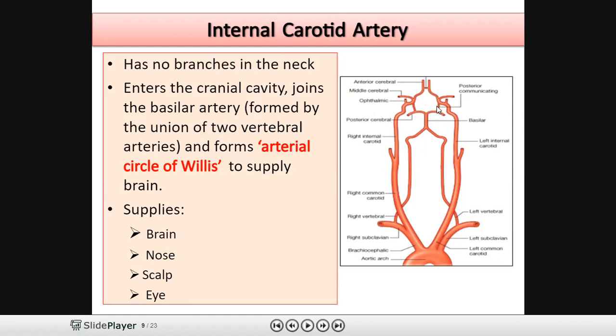These branches, together with the posterior cerebral artery from the basilar artery, form the circle of Willis, together with the anterior communicating artery, which we already talked about before. So the internal carotid artery supplies the brain, nose, scalp, and the eye.